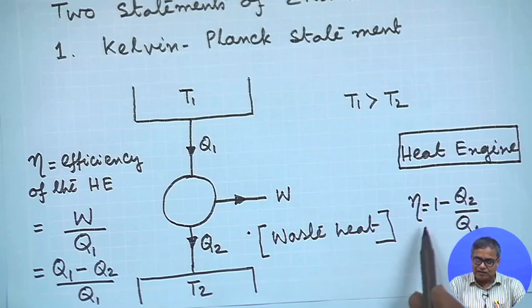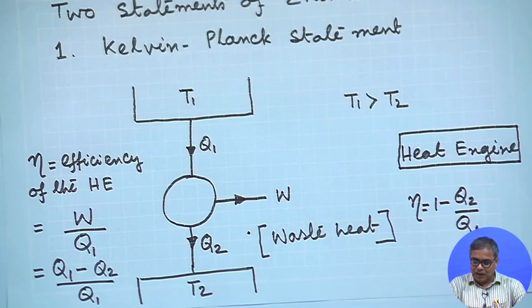So, that has a direct implication, we can increase efficiency. Well, we will see how we can reduce Q2, and what the different options available for reducing Q2 are.